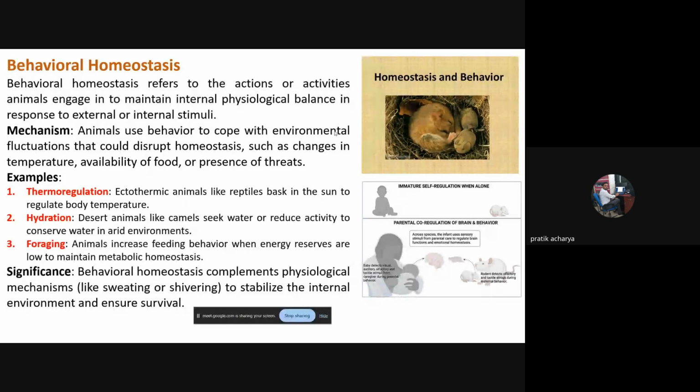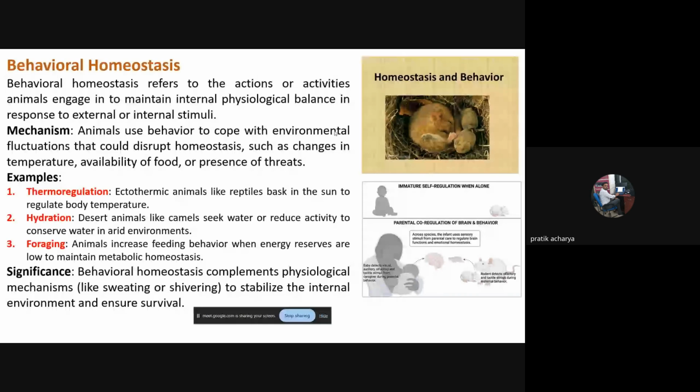Foraging behavior is also important to maintain homeostasis. That means increased feeding behavior when energy reserves are low, to maintain metabolic homeostasis. So all these kinds of behavior are very important to maintain homeostasis.